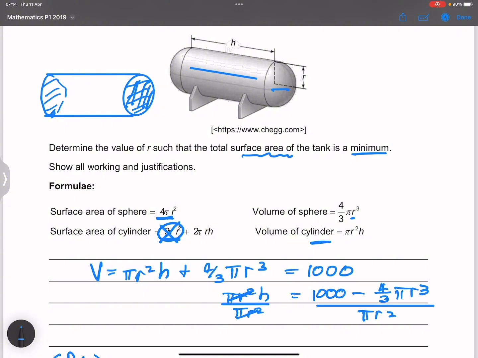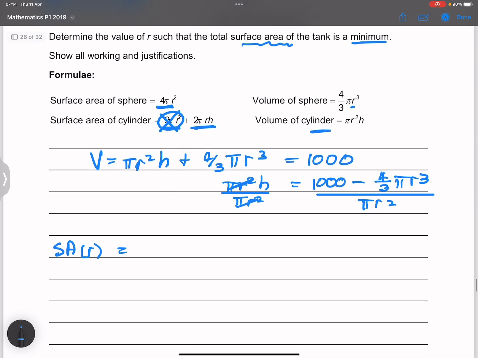So we only have this portion, which is just for the cylindrical part, without the enclosures of the circles at the top and at the bottom. So the surface area would be 2 pi r times h plus the sphere, which is 4 pi r squared.